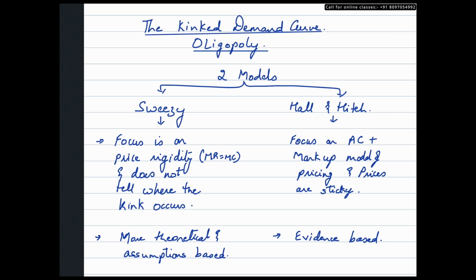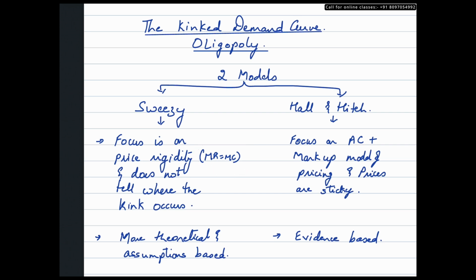So ideally, the kinked version of the demand curve is covered under two schools of thought or two models. The first one is called the Sweezy model and the second one is given by Hall and Hitch. Sweezy's model is basically focused on price rigidity, and he derives the price and output based on the marginal cost, marginal revenue approach.